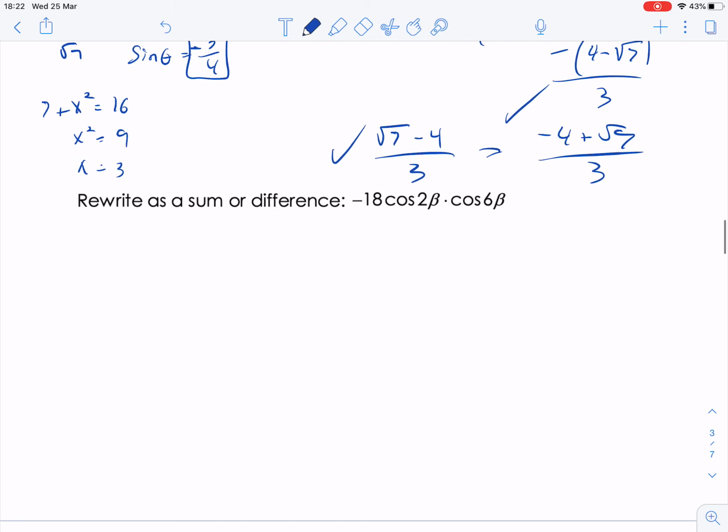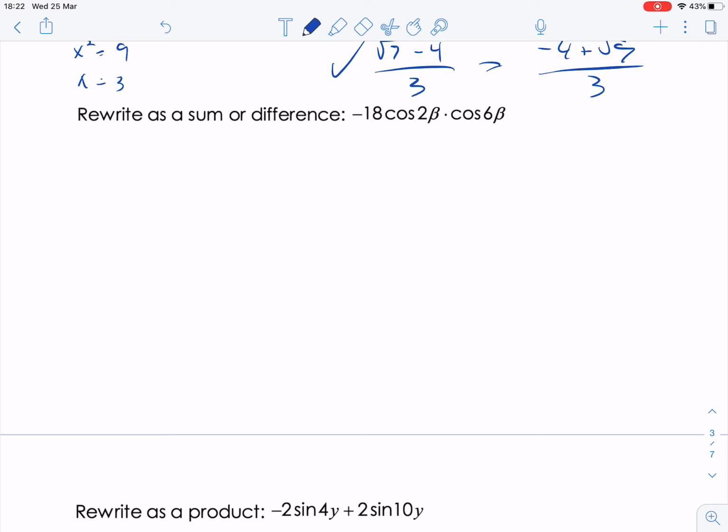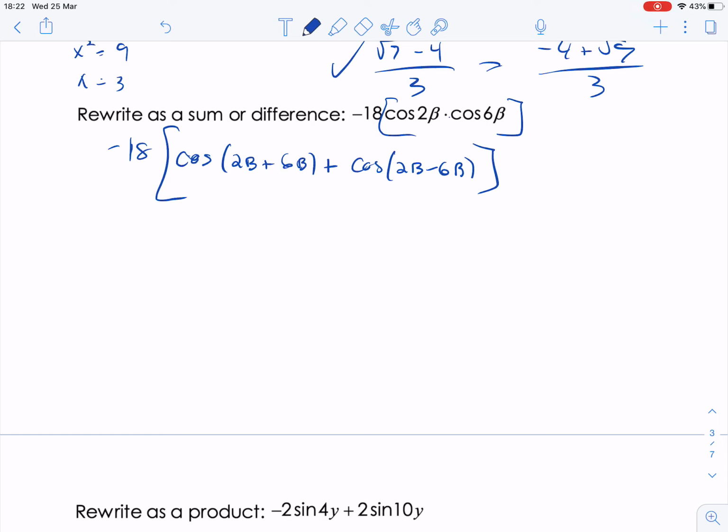Okay, next. Rewrite the sum or difference. All right, we got to factor out the negative 18 first. And then this beast right here has rules. And you could do it using your identity sheet, so it shouldn't be too bad. We're going from product to sum. Cosine of 2b plus 6b plus cosine of 2b minus 6b gives us negative 18. Oops, got the 1/2.